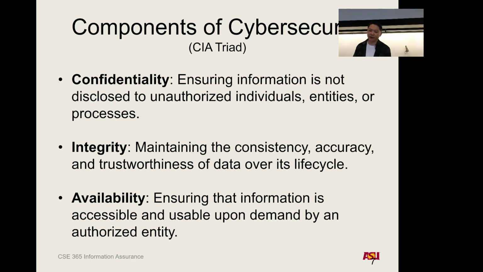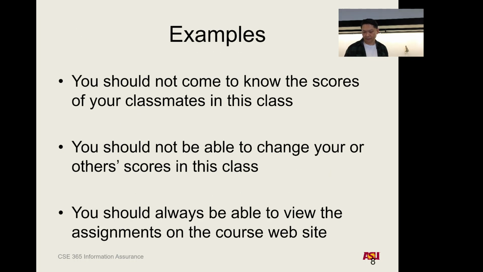The last one, availability. When you want to, you can use that service. So that's availability, right? Here I have some examples. The first paragraph, what is it talking about? That you should not come to know the scores of your classmates.